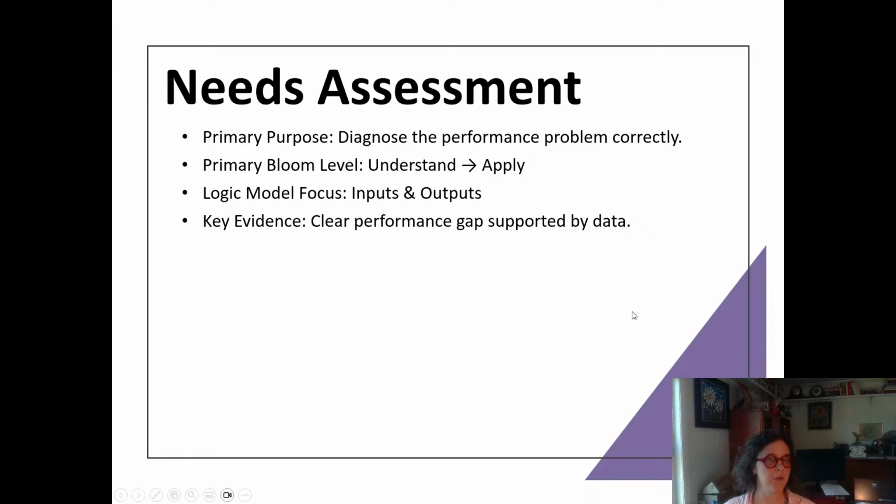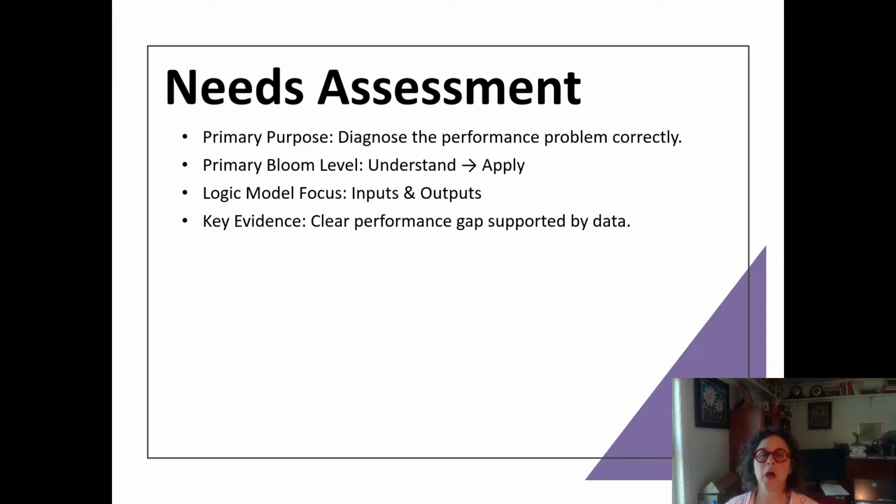You're going to use primary Bloom's levels, in other words the taxonomy of learning. I'm not looking for you to go boom, boom, boom and try to reach all of them. Some levels are more appropriate based on the needs or gap analysis, and we'll get there more specifically later. Logic models really help you with the inputs and then the outputs to see where that gap is going to be.